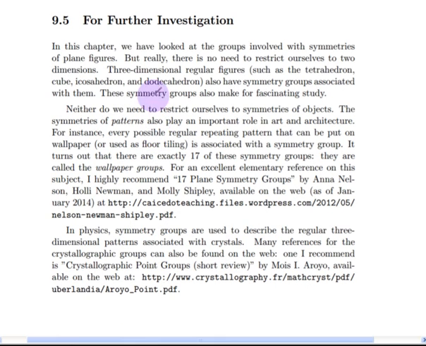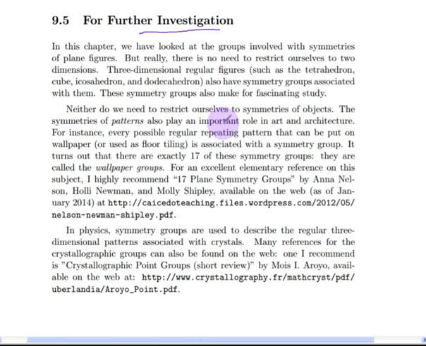And well, here are some further topics that we're not going to talk about in the chapter. But here we've talked about plane figures. What about three-dimensional figures? Okay, so that's another area that symmetries can be applied to. Now we've talked about single figures, but you also have tilings.